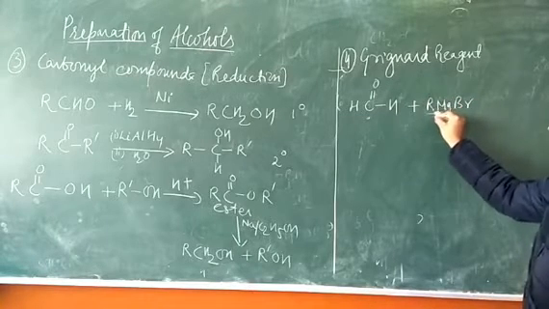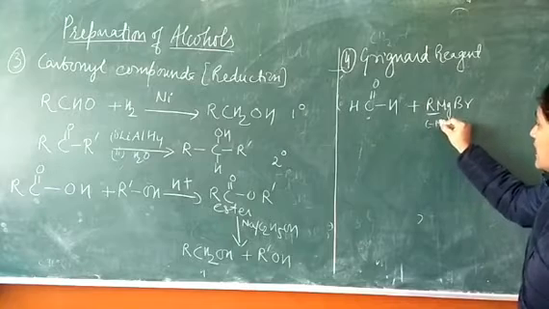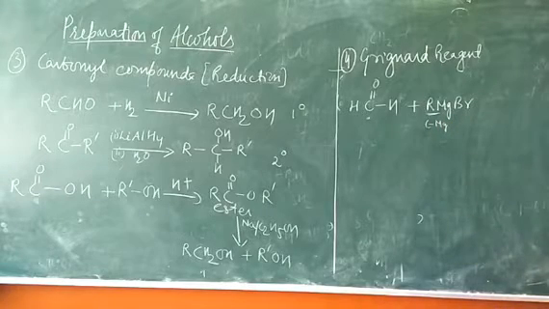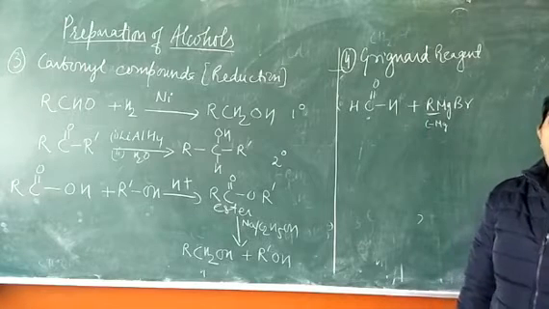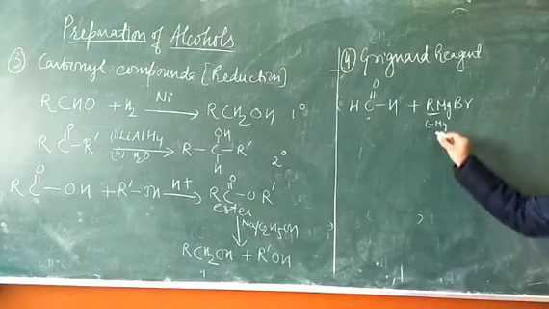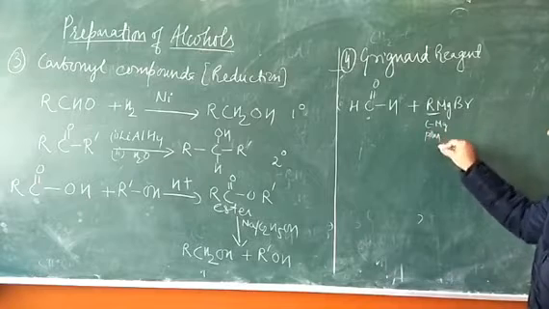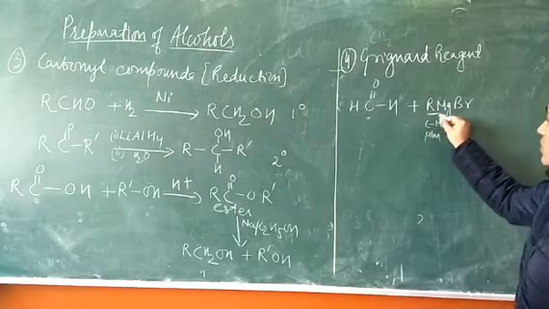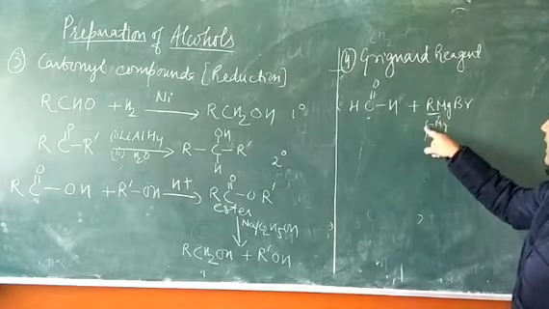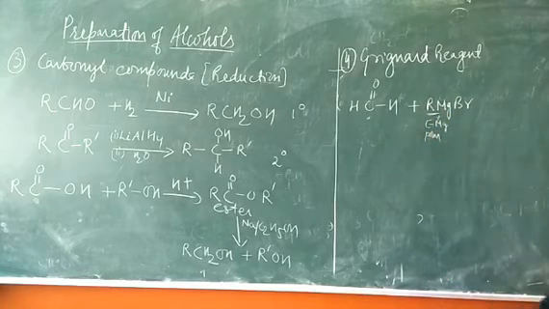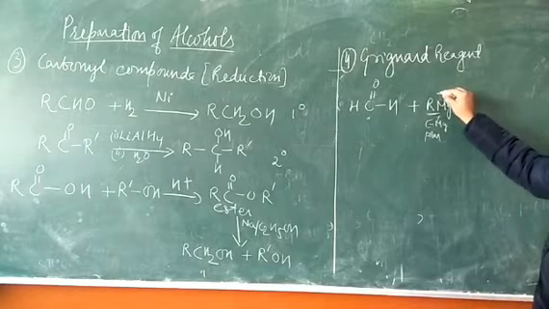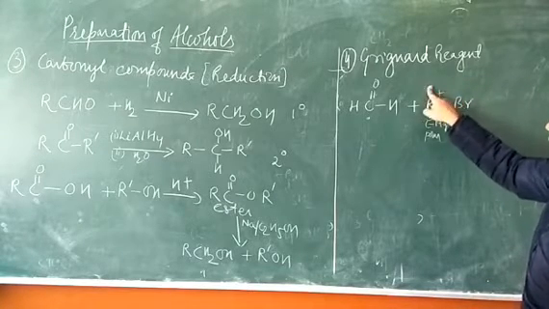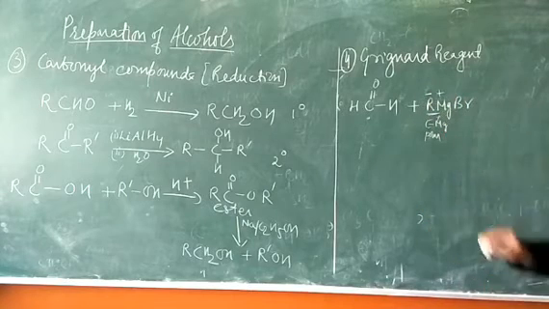Now student, in RMgBr we have a C-Mg bond, and it is polar in nature. Magnesium will get the positive charge and the carbon part will get the negative charge. So this part is positive and this part is negative.